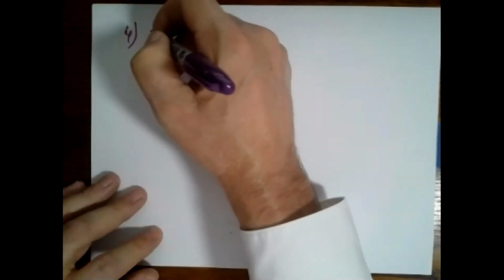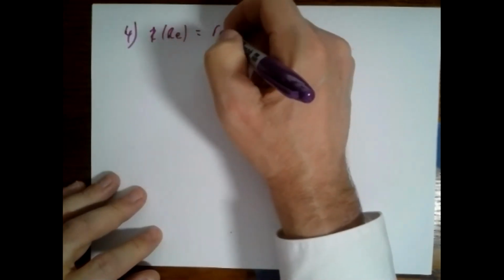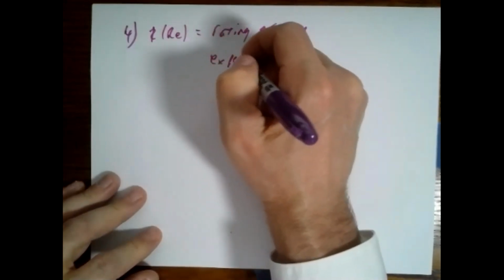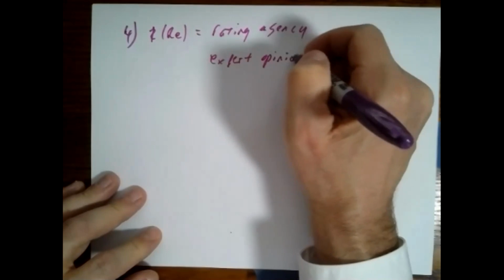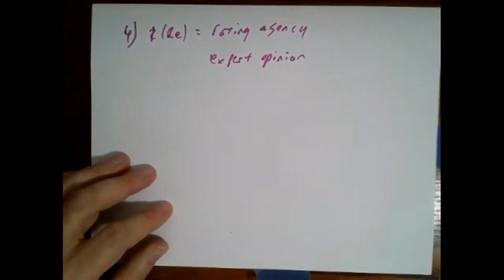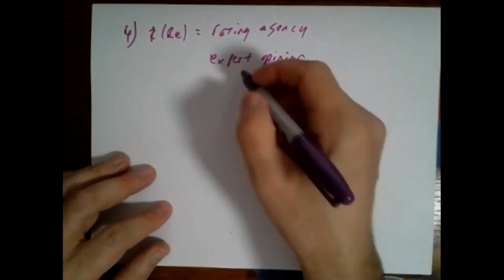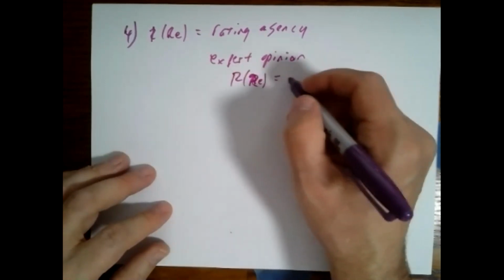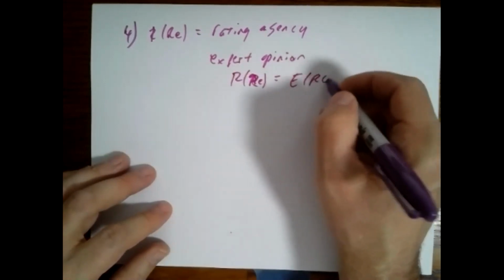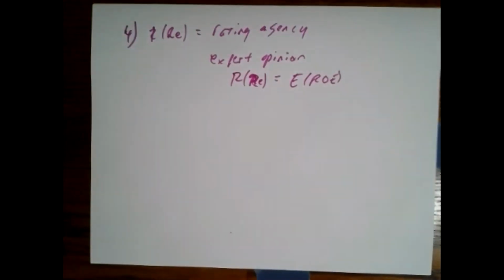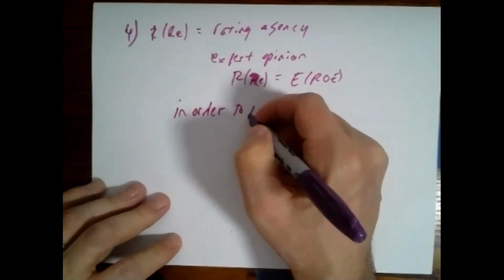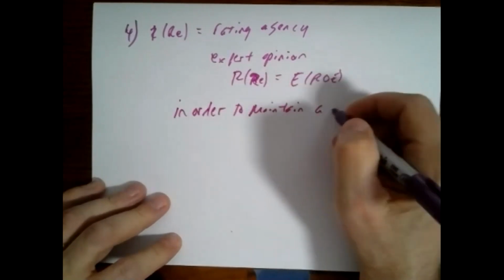And rating agencies, so the required rate of return on equity could be set by a rating agency. So you've got some sort of expert opinion out there, and they would say the RRE should be equal to some expected ROE. So they should be earning some ROE in order to maintain a particular rating.